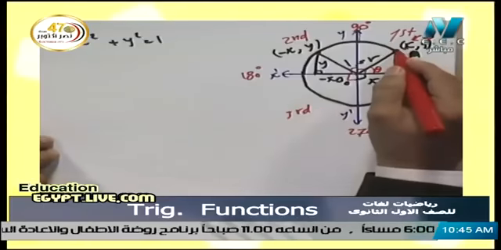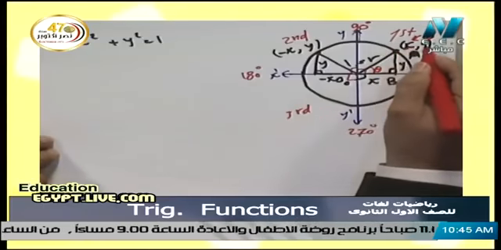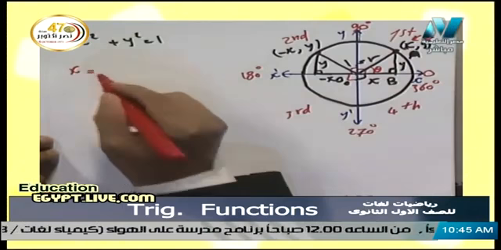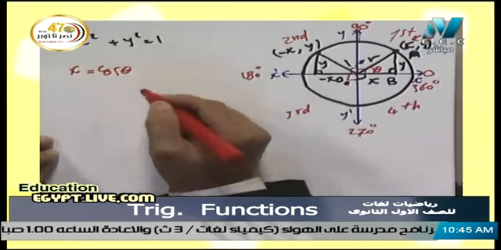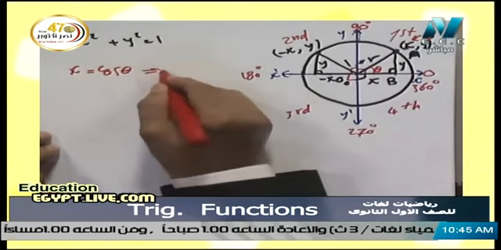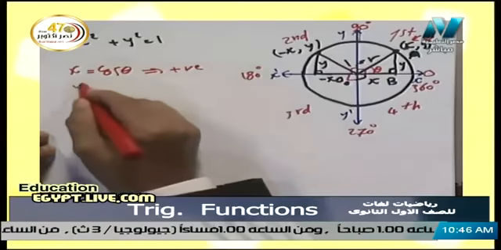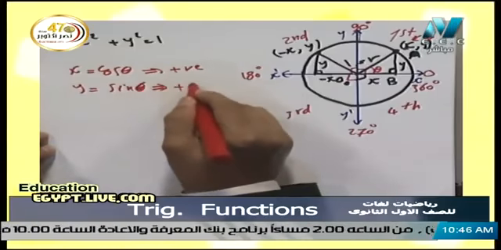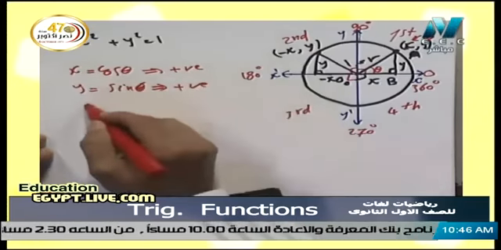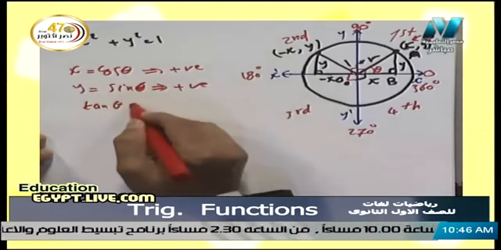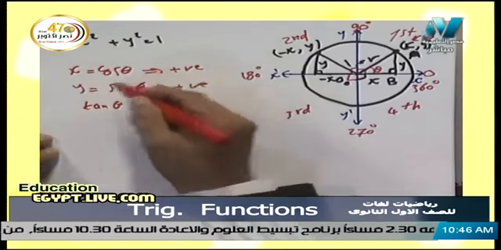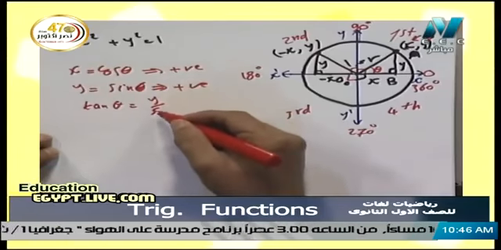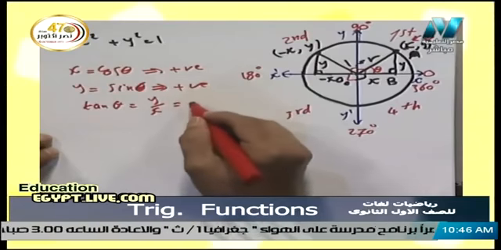So in the first quadrant, x is positive and y is positive. So x, which is cosine theta, is positive, and y, which is sine theta, is positive also. And tan theta, which is sine over cosine, which is y over x: y is positive and x is positive, positive divided by positive equals positive, so it's positive also.